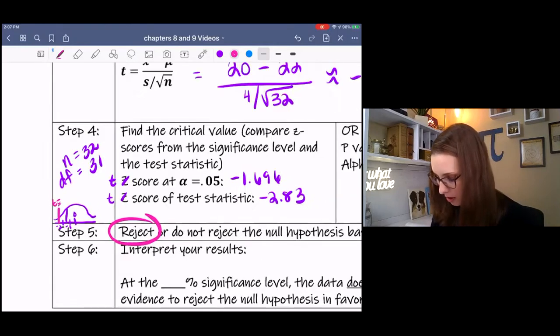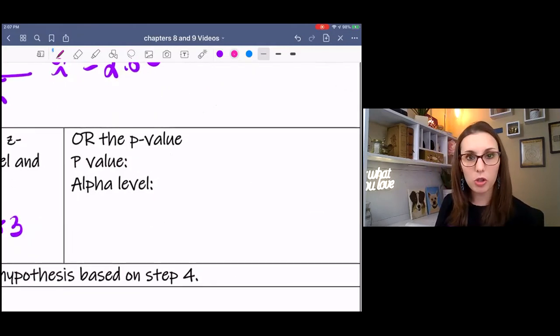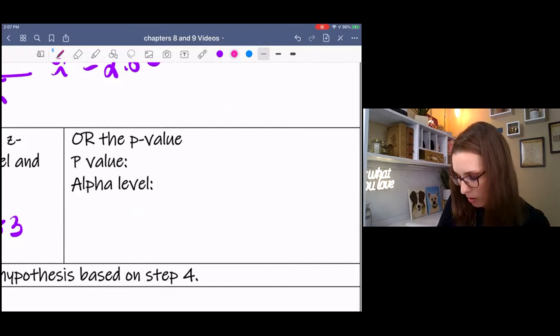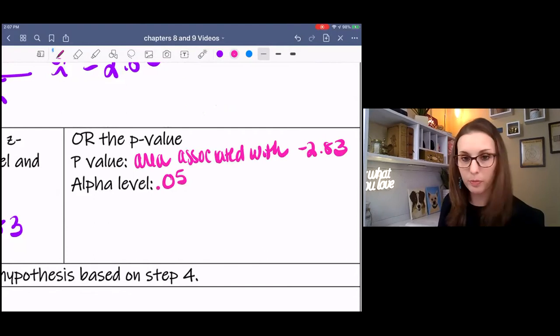And in the p-value approach, we find the p-value associated with our test statistic. So the area associated with negative 2.83, and we compare that to our alpha level.